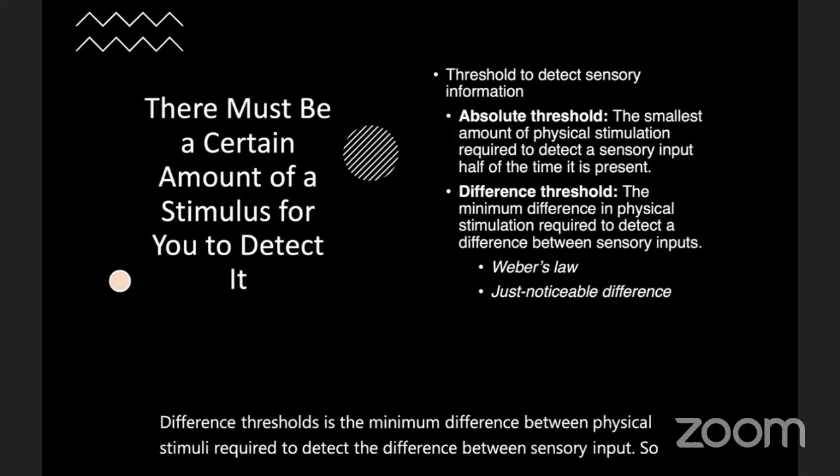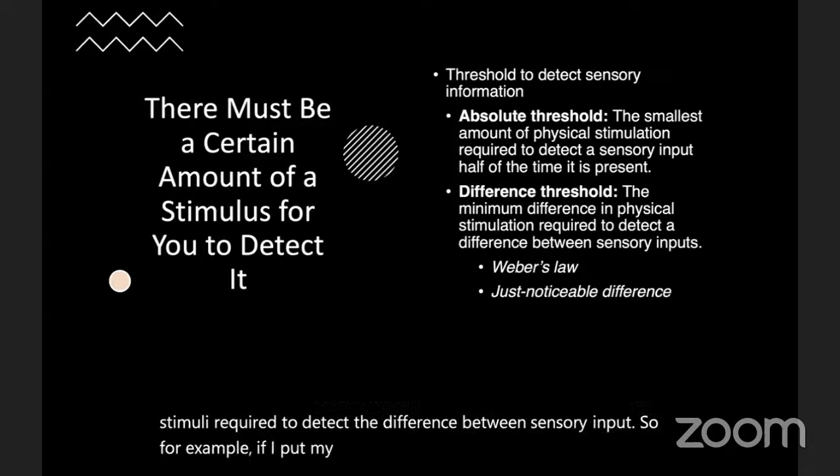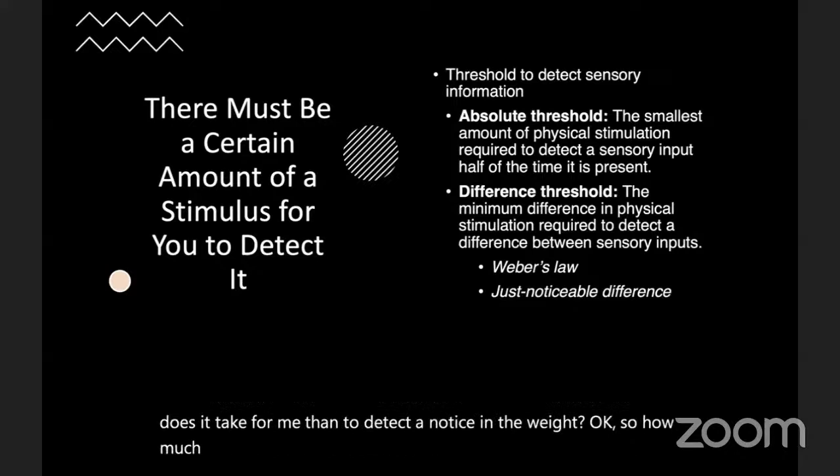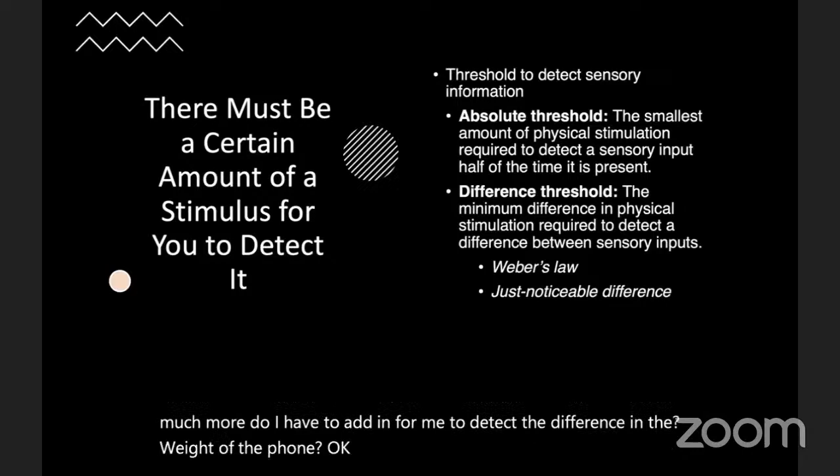So, for example, if I put my phone on here, okay, how much more weight does it take for me then to notice a change in the weight? Okay, so how much more do I have to add in for me to detect the difference in the weight of the phone? And there's two laws that are based on this.